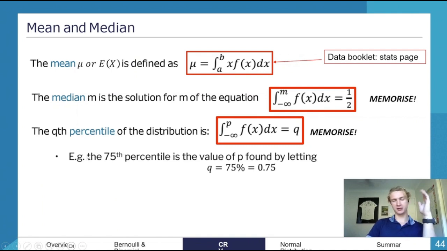The best way to learn this one would probably be an example. The 75th percentile is the value of p found by letting Q equal 0.75. So if we sub in Q equals 0.75 here, we can solve for p, which tells us the percentile. Not asked a lot. We'll see the IQR in a moment, which is high yield, but you definitely need to know the median, so do practice questions for that as well.